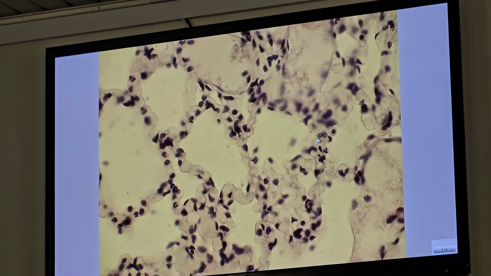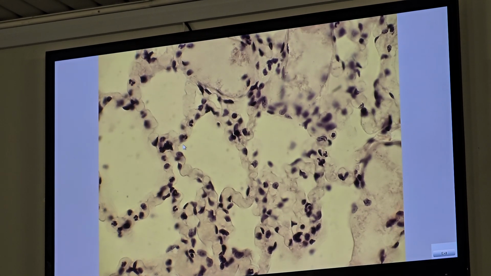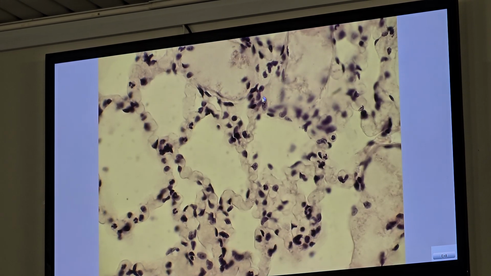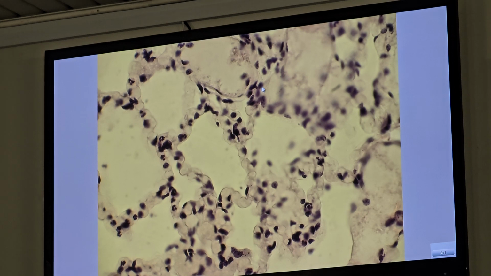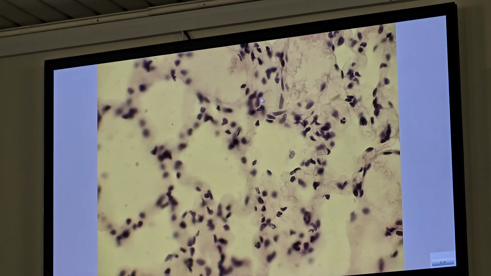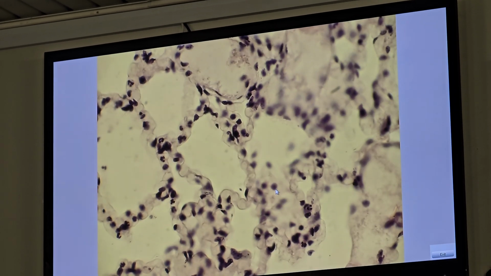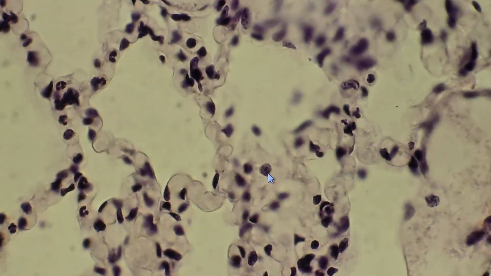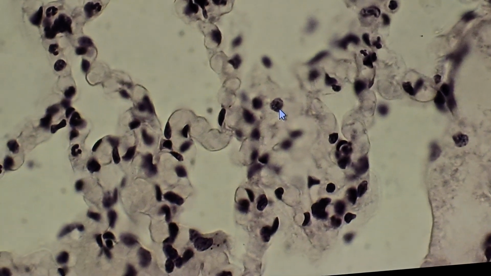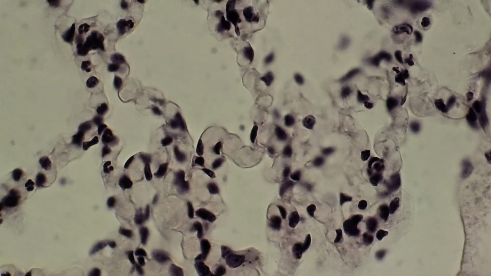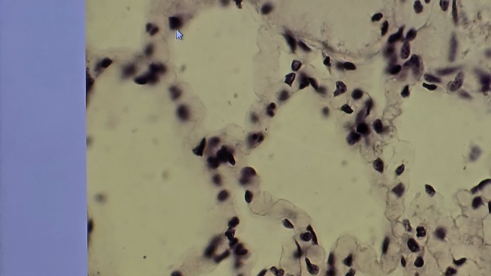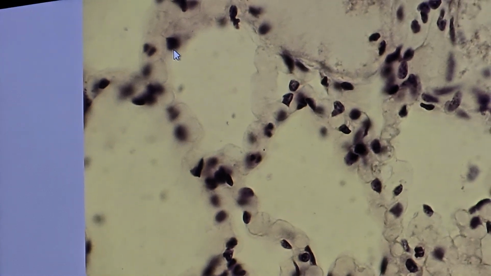Sometimes we see more than one cell in one place. How do we distinguish it? The nucleus is pale. Rounded and pale staining. In addition to type 1 and type 2, we have another type of cell called dust cell.